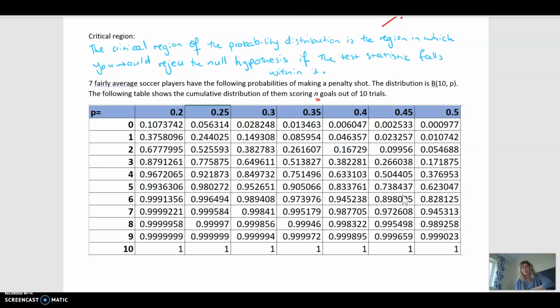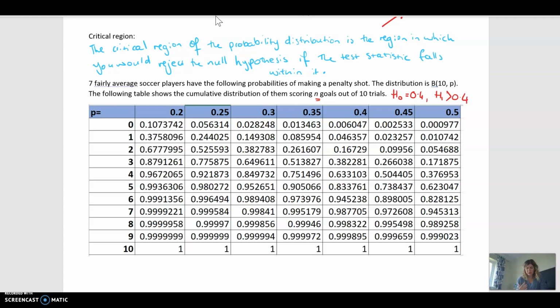Say, for example, we're running a hypothesis test of this situation, and we want to test that H0 is that the probability equals 0.4, against the alternative hypothesis that it is greater than 0.4. This is just an example.